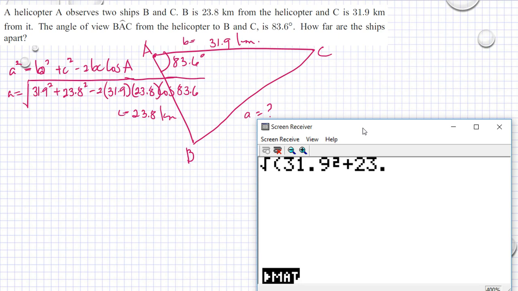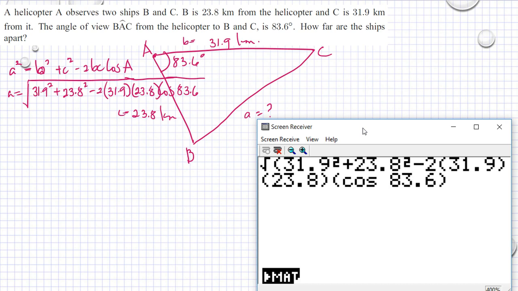Plus 23.8 squared minus 2 times 31.9 times 23.8 times cosine 83.6, is equal to.